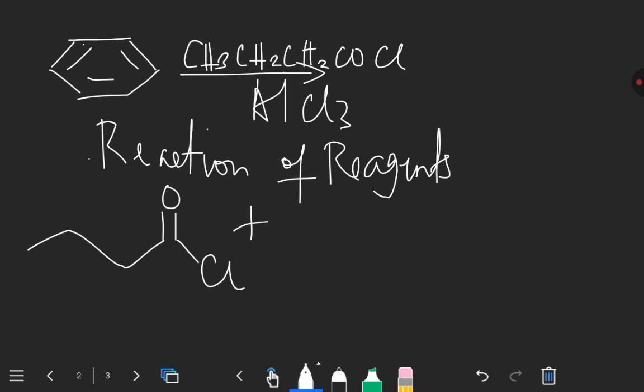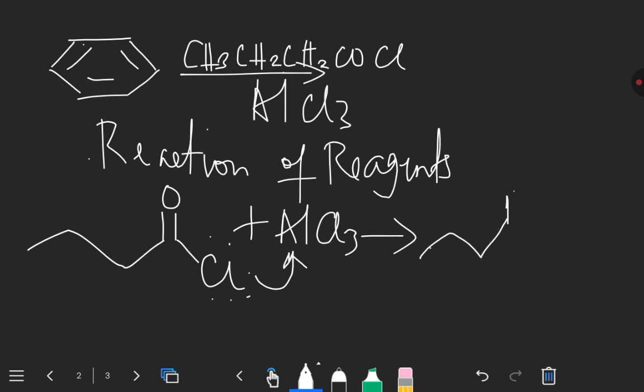Then we react it with aluminium chloride first. We know that this chlorine has lone pairs of electrons, so it will be able to attack the aluminium there. Then we are simply going to form a structure like that.